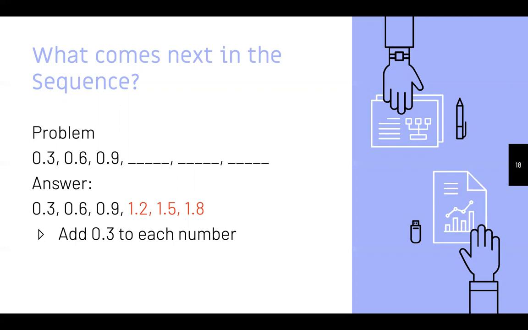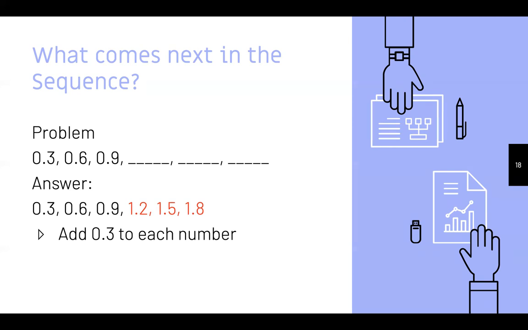If this is your first time looking at decimals, if you're still a beginner with decimals, please get a paper and pencil, write down that 0.9, and do 0.9 plus 0.3, and then add them, move the 1 over, carry down the 2, and 0 plus 1 is just 1, so you have 1.2 is the next one, 1.5, 1.8.